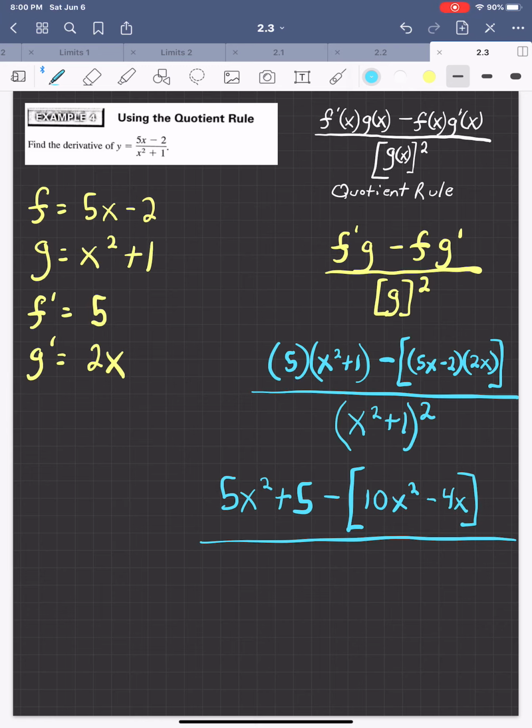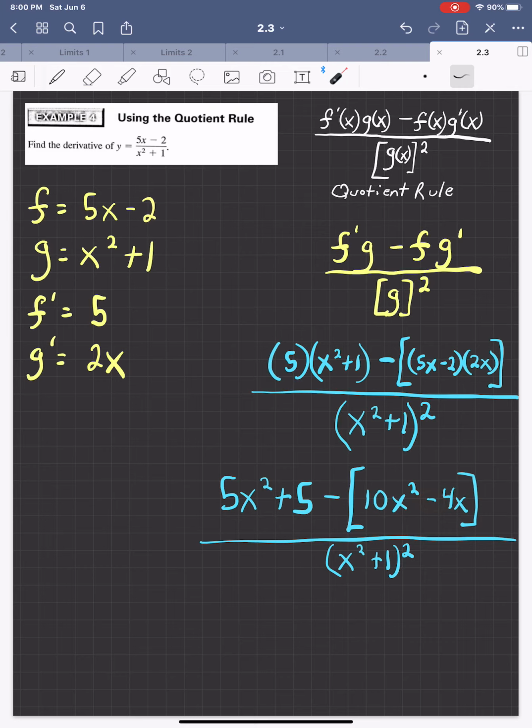Okay, and let's leave that denominator alone like your professor said. And you can see that if the student didn't heed my advice, if they didn't have these grouping symbols here, they would not have the right answer, right? They would have negative 10x squared, but they wouldn't change that negative symbol here to a positive.